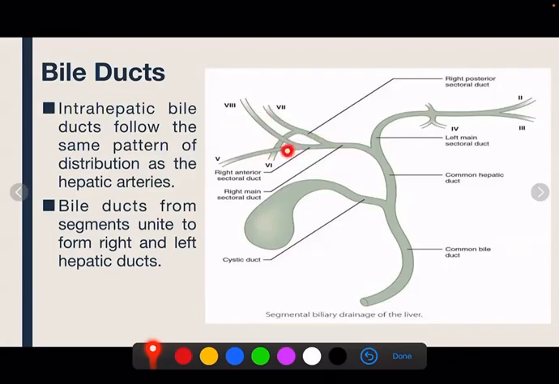The right anterior duct drains the anterior segments of the right lobe, which is segment 5 inferiorly and segment 8 superiorly. The right posterior duct drains the posterior segments of the right lobe, which is segment 6 inferiorly and segment 7 superiorly. The right hepatic duct and the left hepatic duct fuse to form the common hepatic duct.